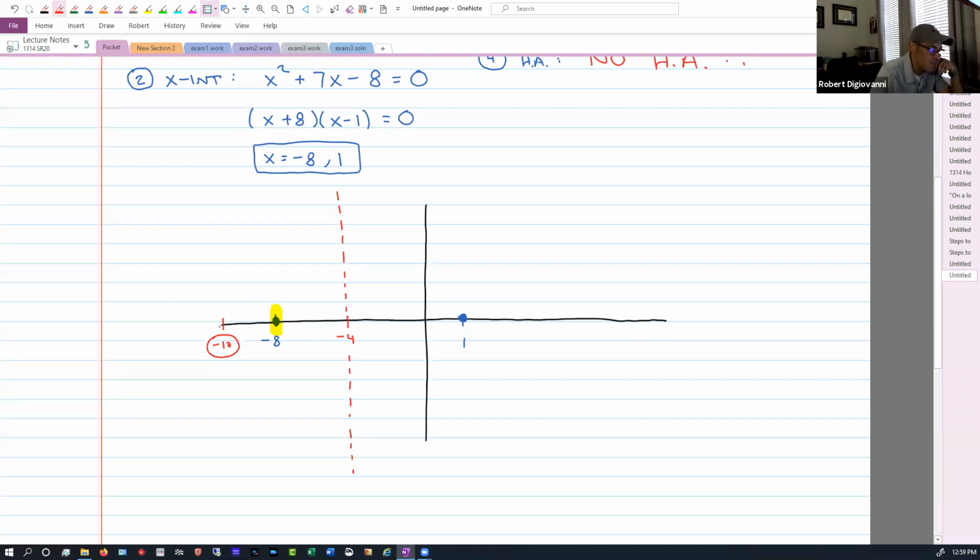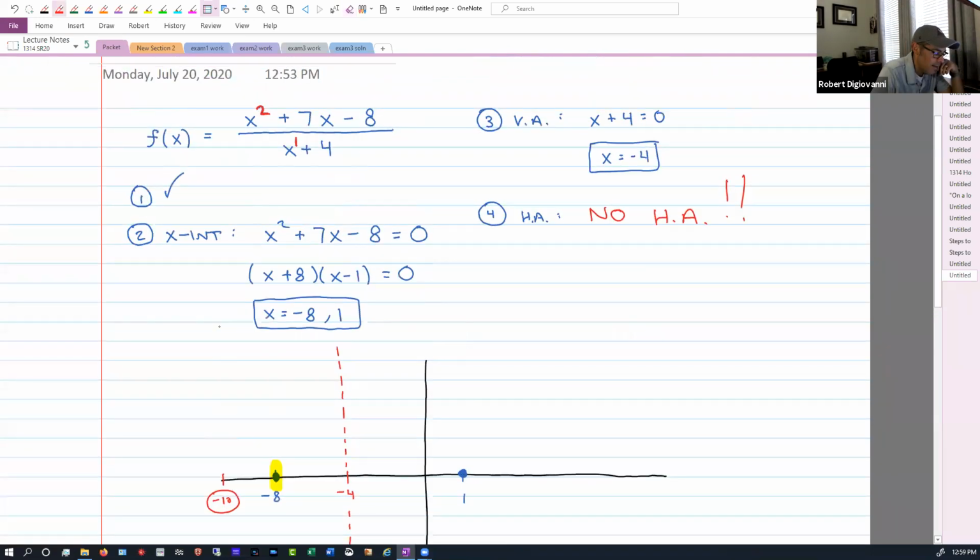I need to plug things in. And that's going to suck, man. Isn't that going to suck to plug -10 in there? F of -10 is -10 squared plus 7 times -10 minus 8 all over -10 plus 4.